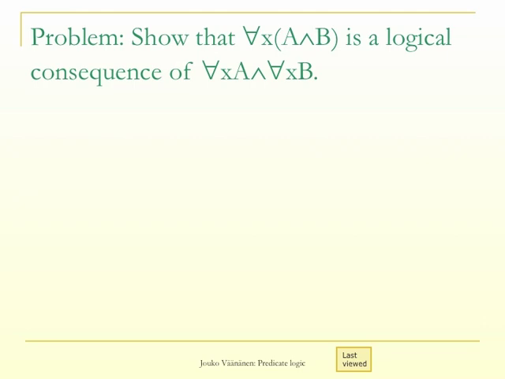Second problem. Show that ∀x(A and B) is a logical consequence of ∀xA and ∀xB.